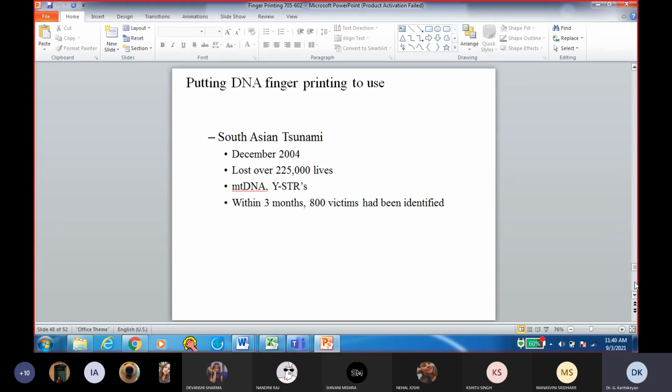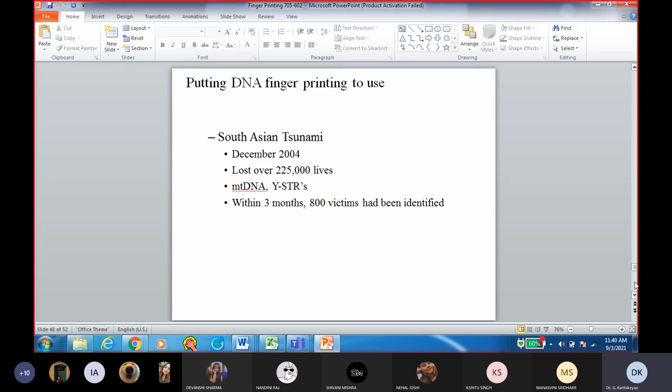Another case where DNA fingerprinting was used was the South Asian tsunami. This happened in December 2004. It hit parts of Asia, particularly India, Sri Lanka, and some of the other countries. We were hit hard.